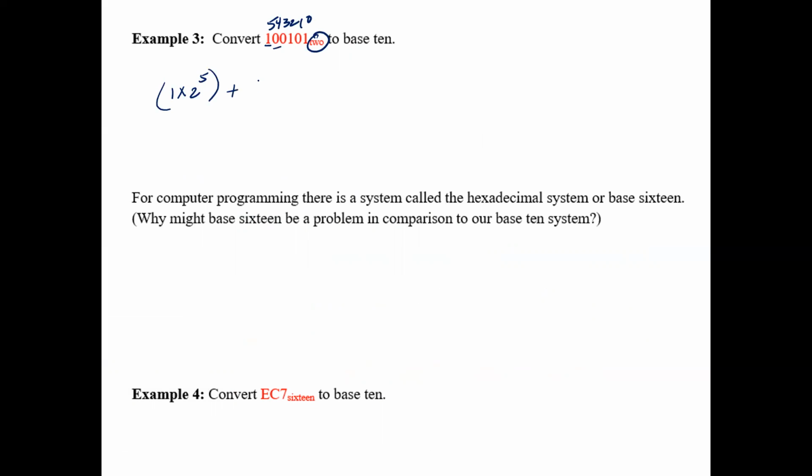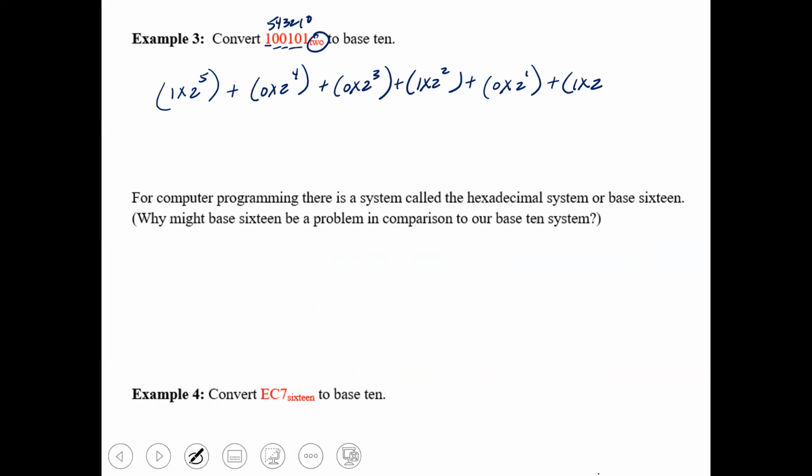Then 0 times 2 to the 4th power, then 0 times 2 to the 3rd power, then 1 times 2 to the 2nd power, then 0 times 2 to the 1st power, and then 1 times 2 to the 0 power.